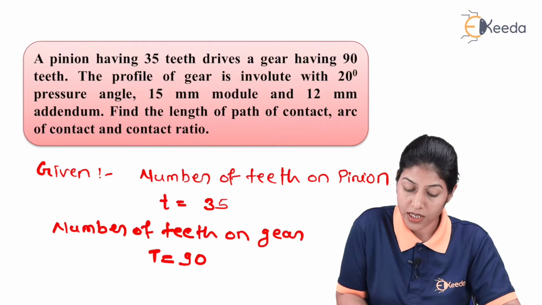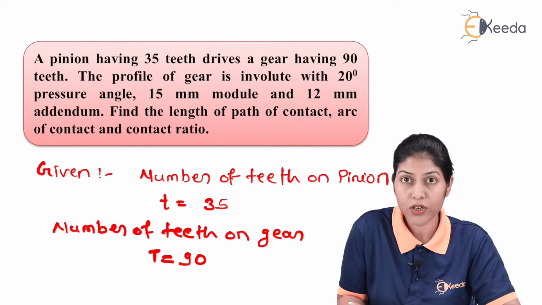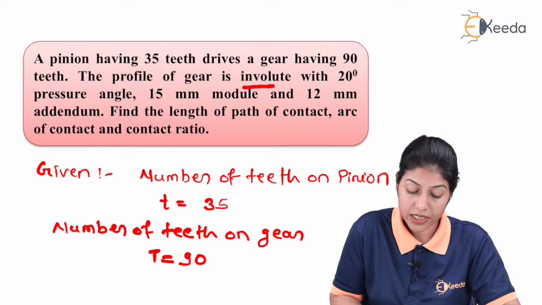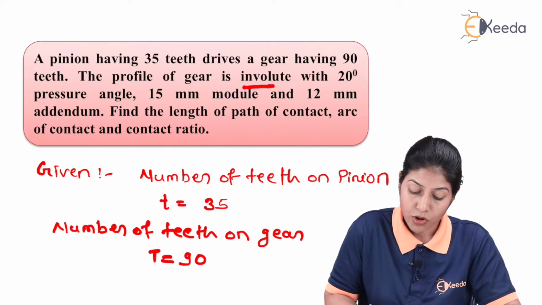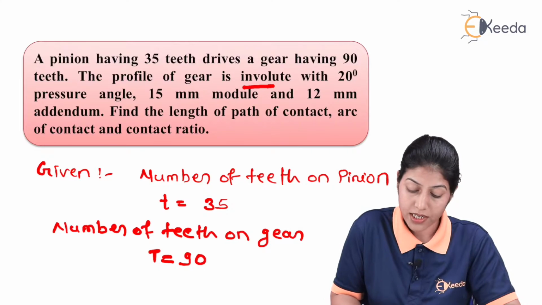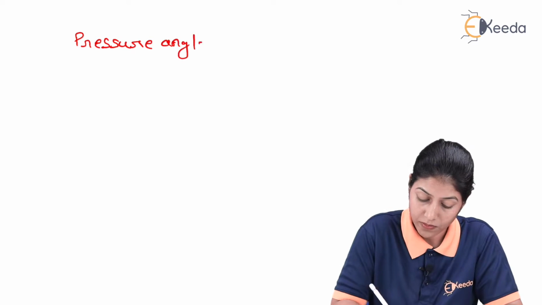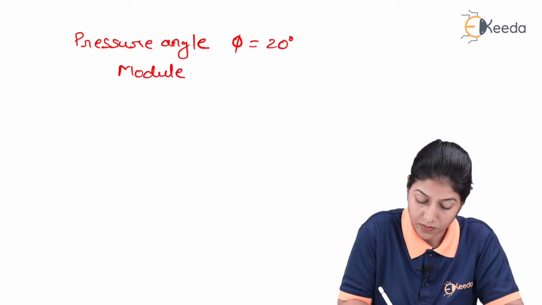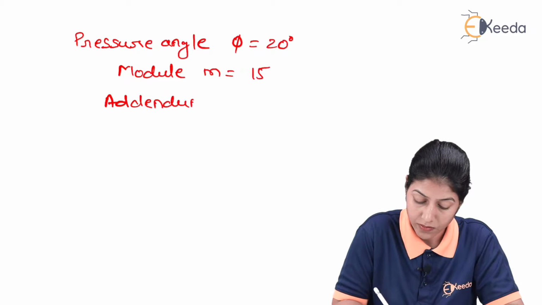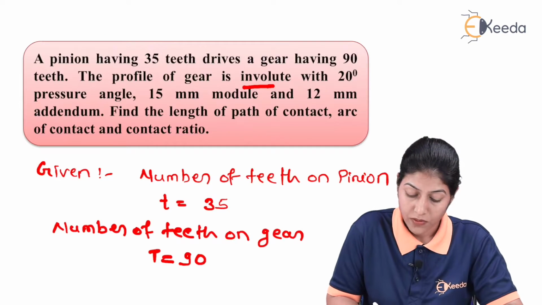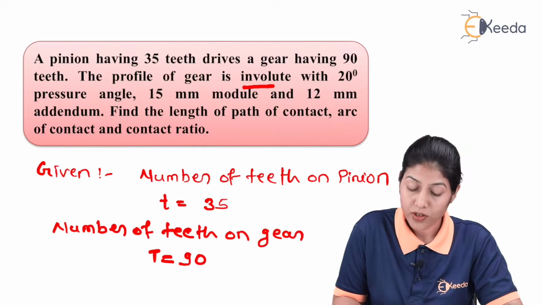And profile of the gear is involute, so it is related to involute gears, and pressure angle is given 20 degree, module 15 and addendum value is given 12 mm.